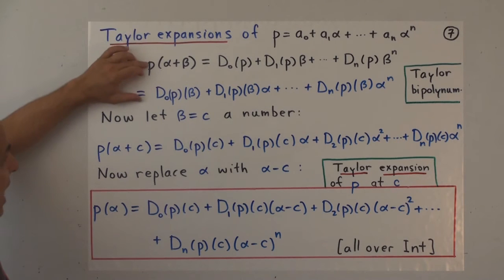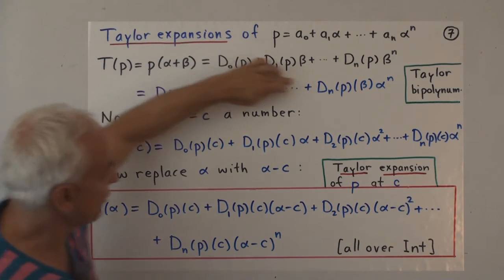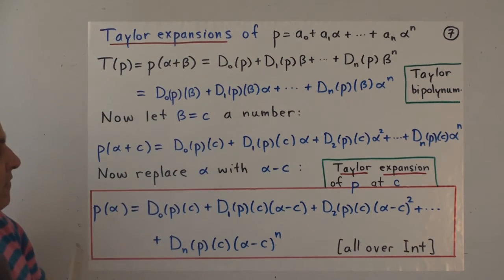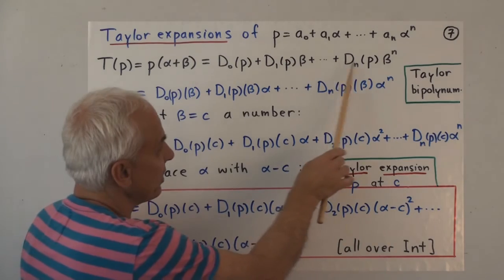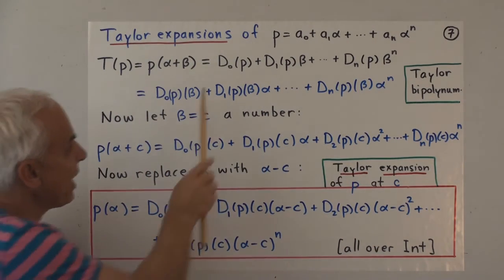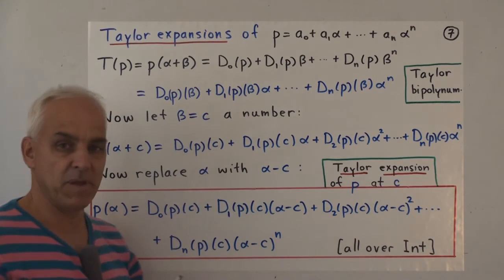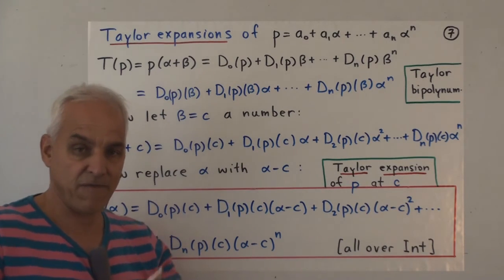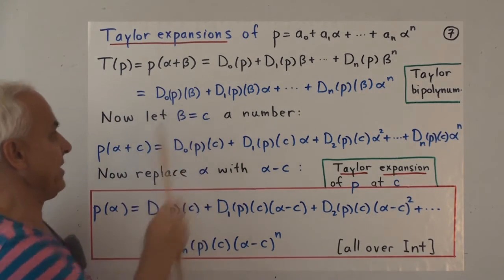Okay, so now what we're doing in today's lecture is we're turning this around. We're taking this equation and interchanging the alphas and the betas. So instead of having powers of beta increasing here, we now have powers of alpha increasing. And now these coefficients, instead of being polynumbers in alpha, are now polynumbers in beta.